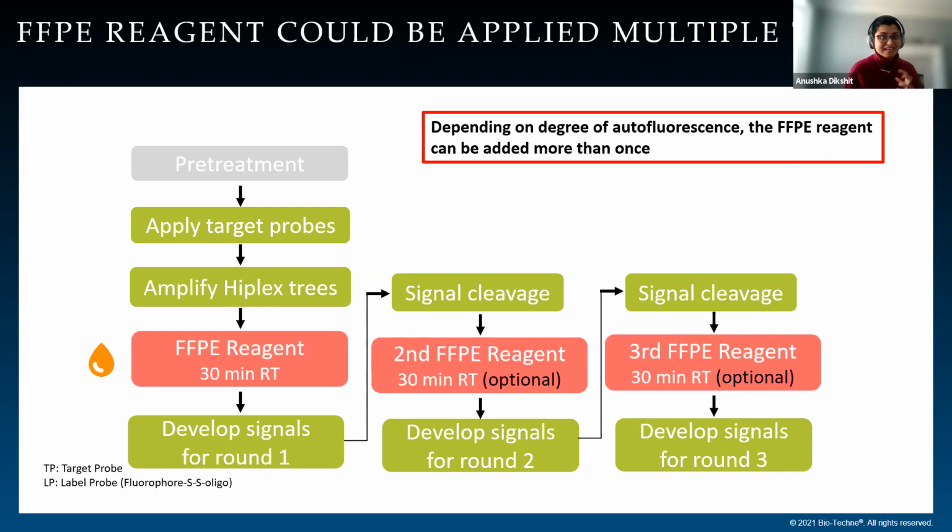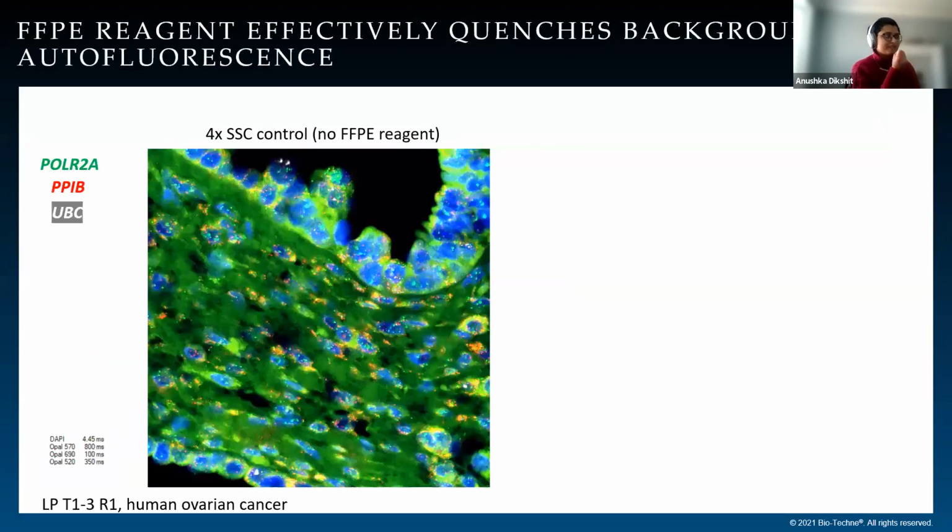And in the next couple of slides, I want to show you how well this assay works for highly autofluorescent tissues. So this is an example of a tumor tissue where we have treated this with our standard HiPlex assay, or standard multiplex assay, without our FFPE reagent. And you can see that there is a high degree of autofluorescence to the point where you don't really see any real signal.